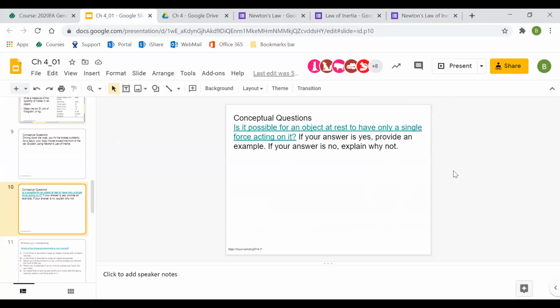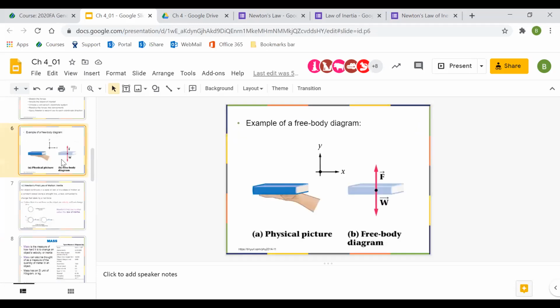All right. So I see a lot of you say yes. For example, gravity is the only force acting on your body. All right, think about that. Let's go back to the example here.